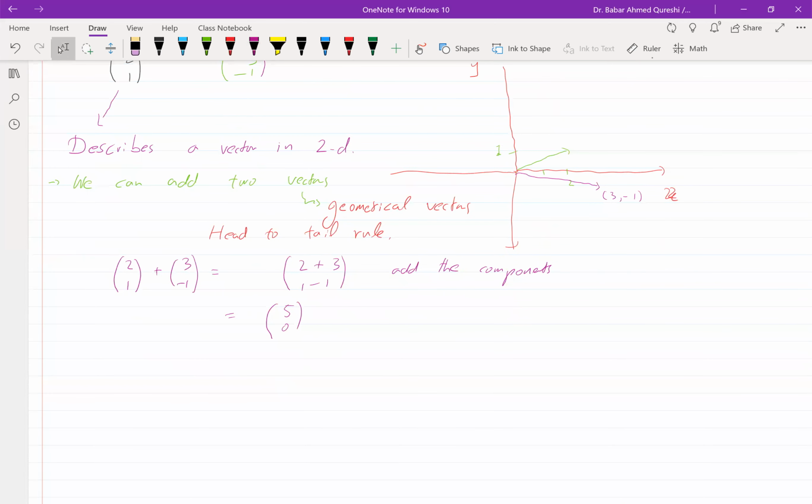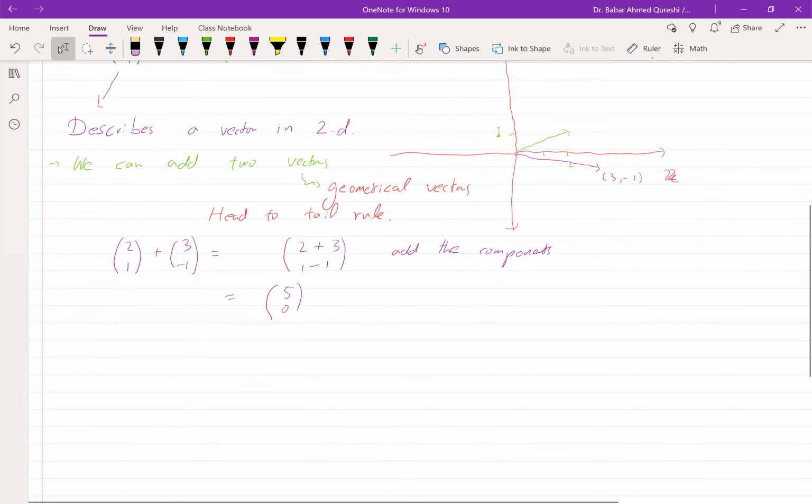So just like you have a rule for addition of geometrical vectors, that translates into a rule for adding these column vectors.